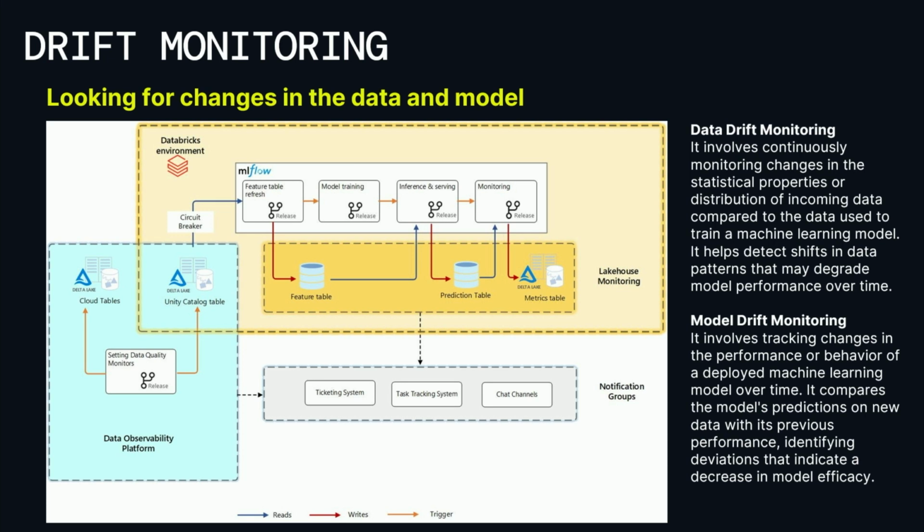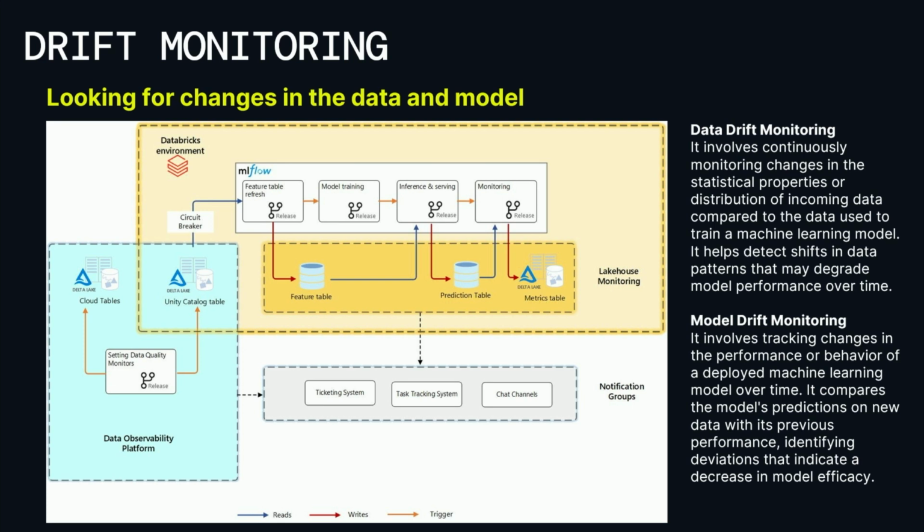You can set your monitors, so if anything goes wrong with the data, changes in distribution, cardinality, all of that can be tracked by the data owning team. And once that data is clean and approved by our governance teams, most of the data may go into Unity catalog to be consumed by our analytics, data science, and other teams.